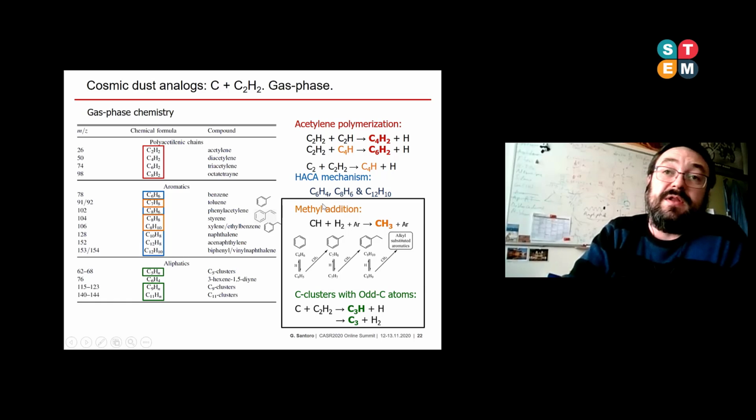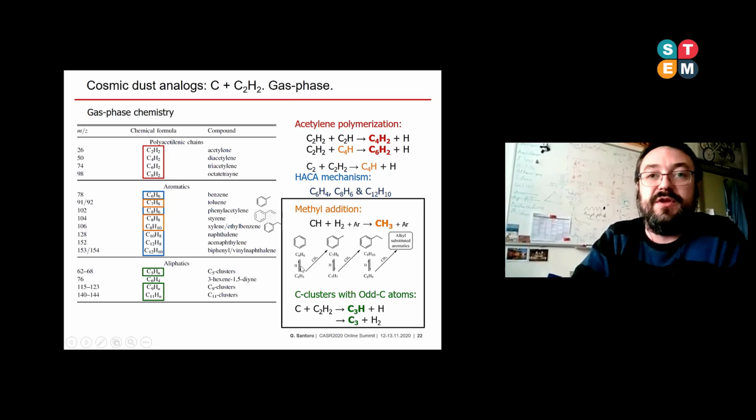So the particularity of adding atomic carbon to the system is really that we have the formation of aromatics with aliphatic substitutions and a good amount of carbonaceous clusters, both pure and hydrogenated.